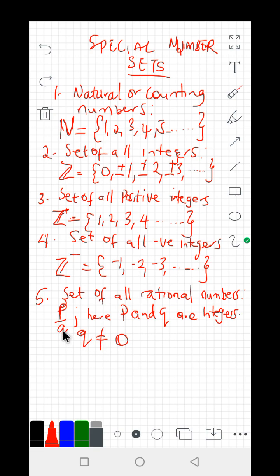That means Q can never be 0. Immediately Q is 0, this expression becomes undefined. So that's the set of all rational numbers.